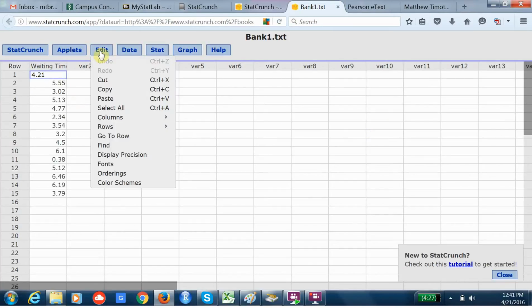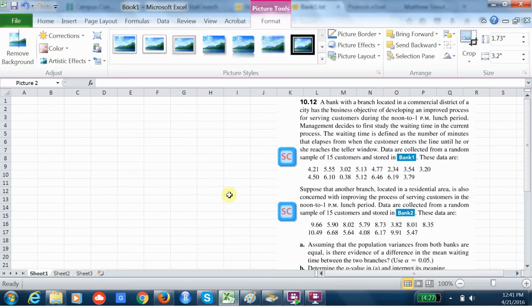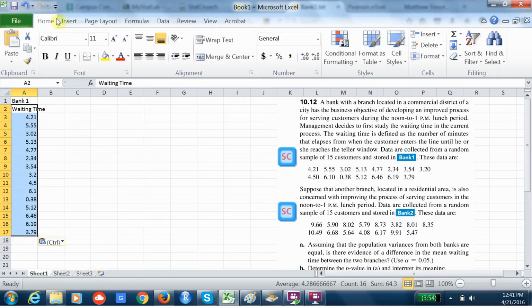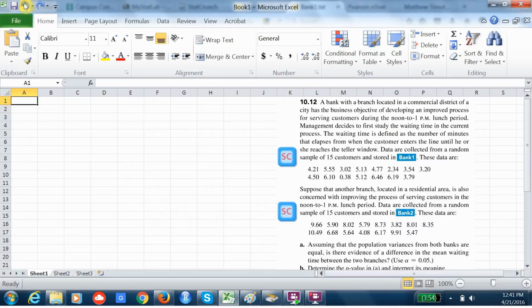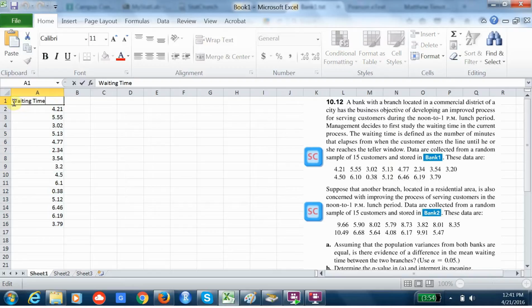I'm just going to select all, Control-C for copy, and here I'm going to enter Bank 1 and paste the data. There's already a header, so I might undo that and just paste it and then put Bank 1 here.